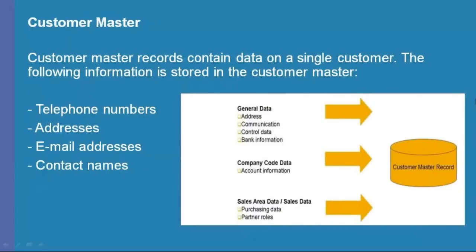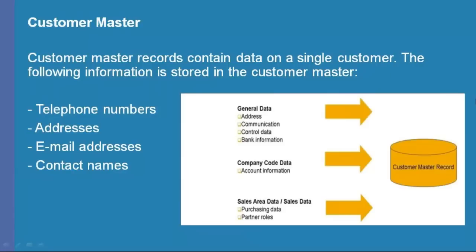Next is customer master data. Customer master data is comparatively less in volume than material, but that doesn't mean it has less importance. What kind of data do we have? Customer master data will first have the basic information.